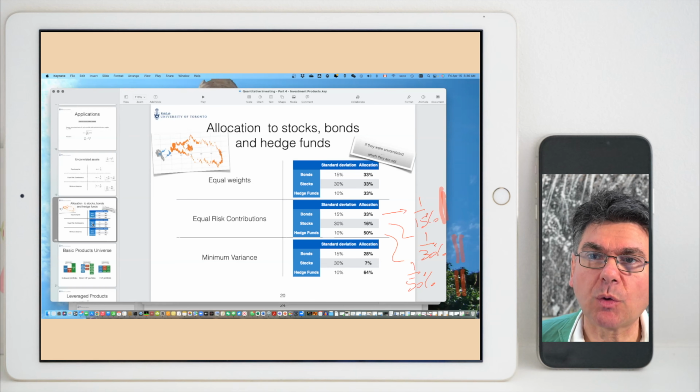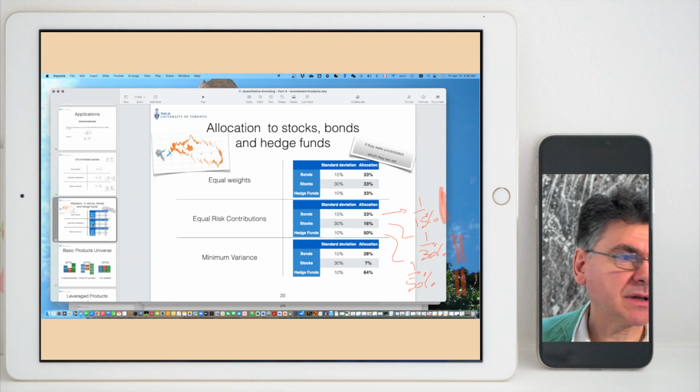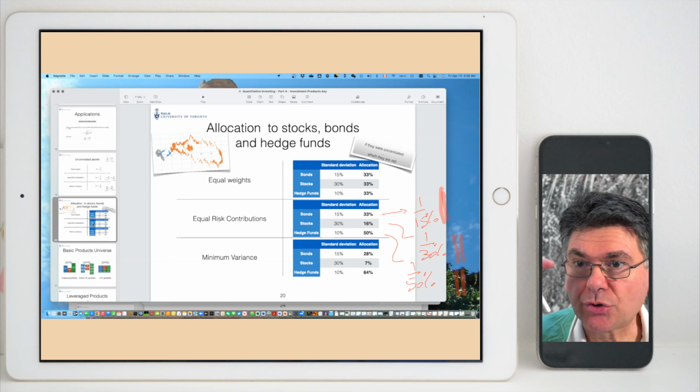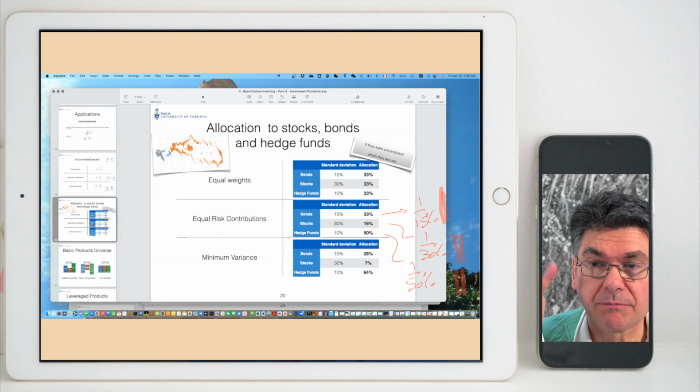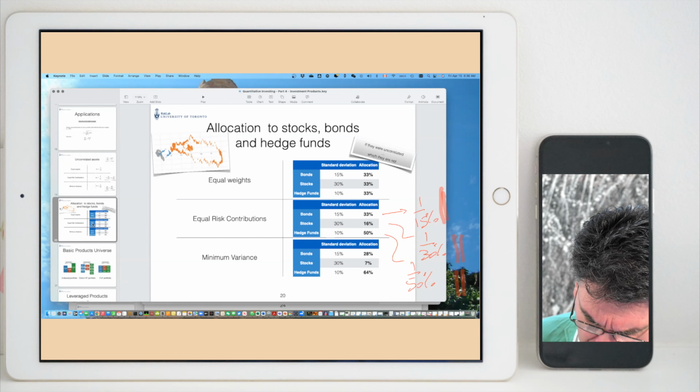This is what I want to do today. I want to make sure that you all know how to do this. These are the three most important investment methodologies that exist today. 20 years ago it was Markowitz, but today these are the ones, and I want you to be able to do them. And then finally, for the last one, how do we do this?